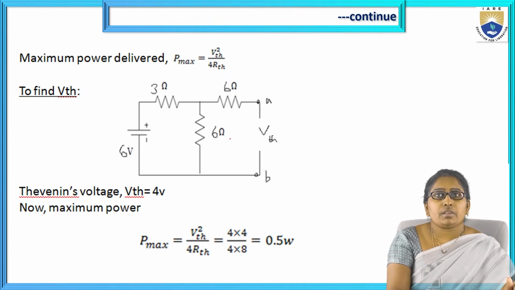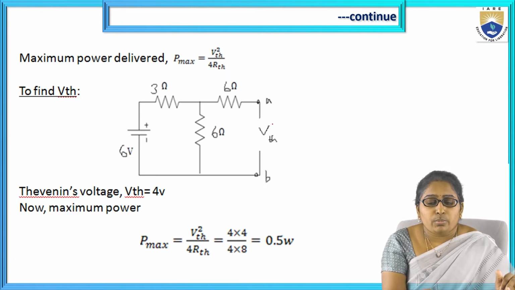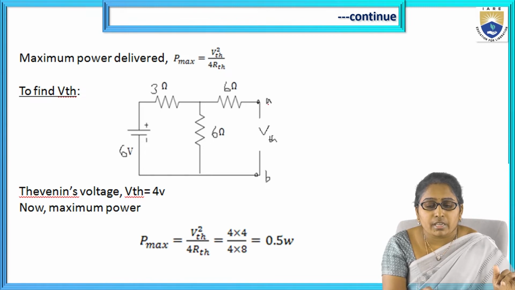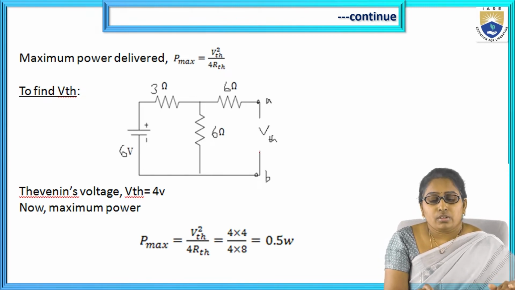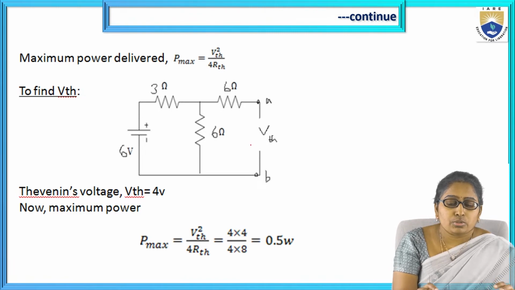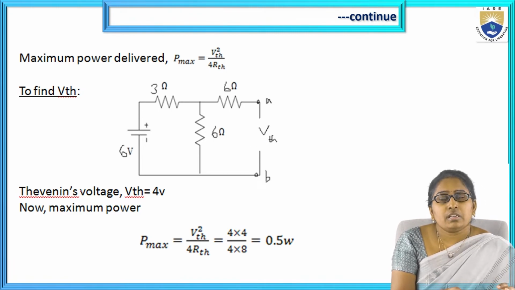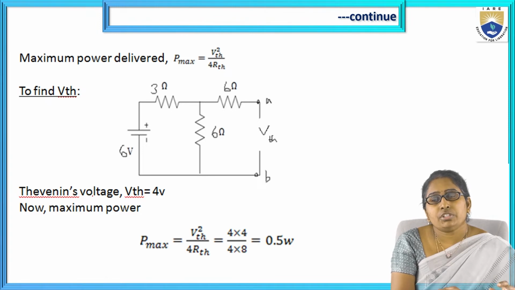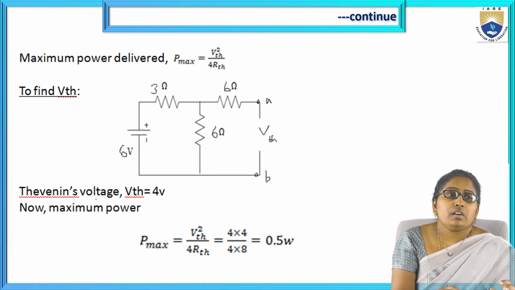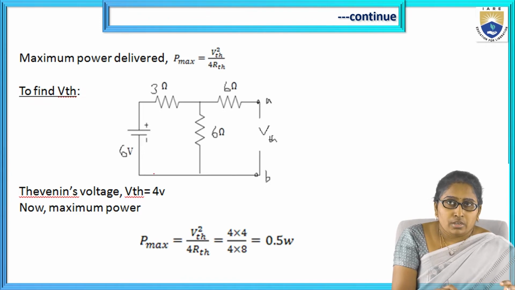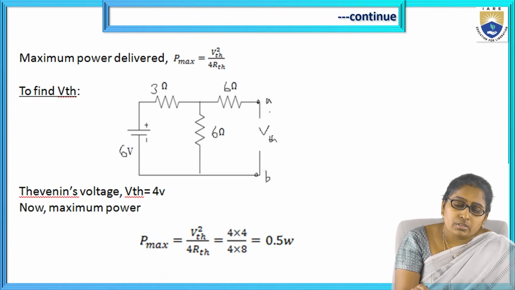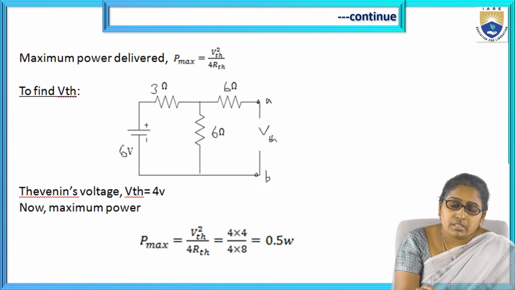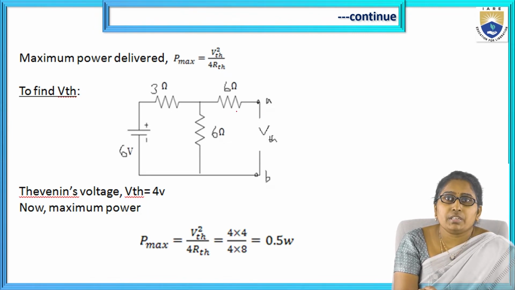So here, for the given circuit, we removed load RL across the AB terminals. Now how to find the voltage here? Applying our previous circuit analysis knowledge, finding the voltage here: since this is open circuited, there is no current in this 6 ohm resistor.